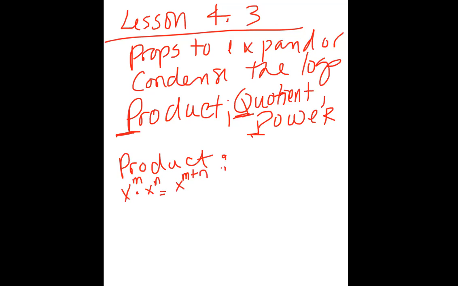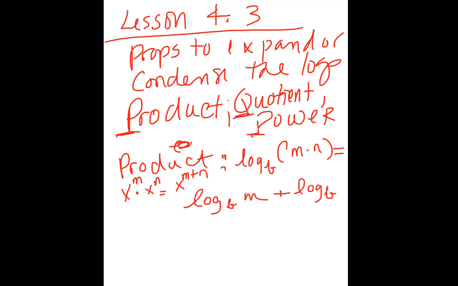For the product property, it basically says this: if you have log base b of the product of m times n, you can take this and expand it to log base b of m plus log base b of n. In other words, the product becomes a sum when you expand this.